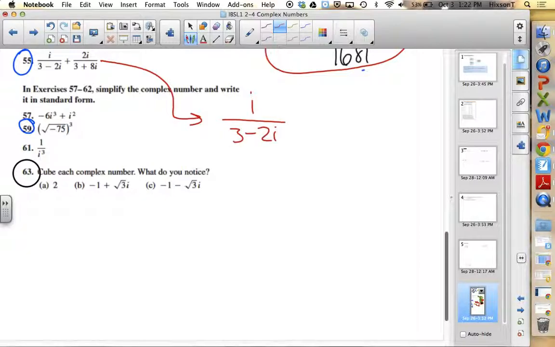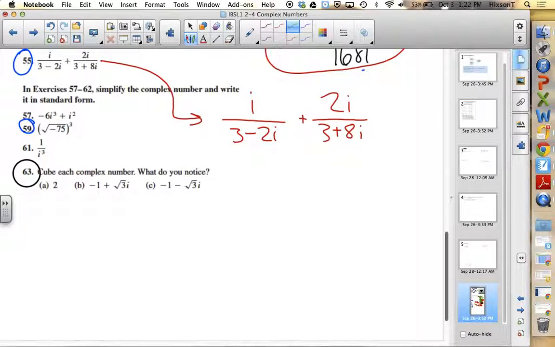Alright, so we have i over 3 minus 2i plus 2i over 3 plus 8i. For both of those, you have two options here, and it really is completely up to you. We could rationalize both of these denominators first, then get a common denominator, and then add.